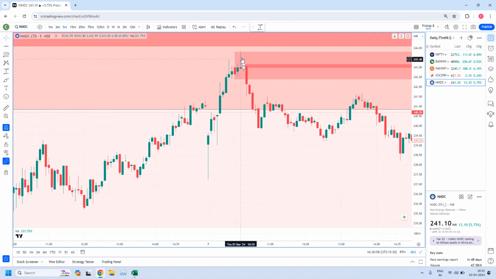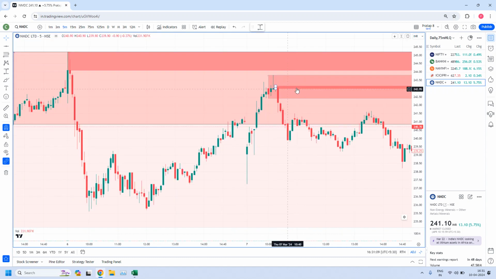We have an ERC candle as a leg out, base, ERC candle as a leg in. This is the base and leg out candle. Here we have a 5 minute zone. Now this is the third fine-tuned zone.